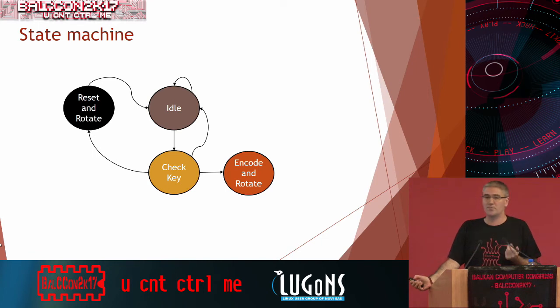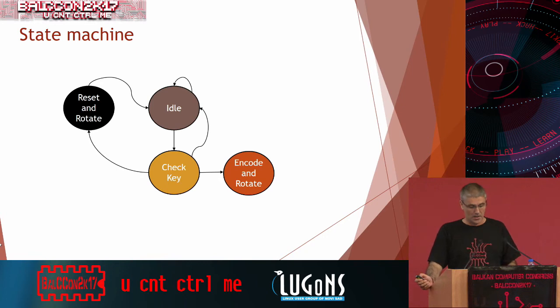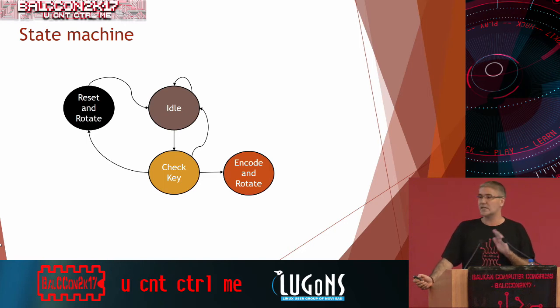And otherwise, if it's something unknown, please note that Enigma machine just have from A to Z, nothing else. It's a simple 26 key keyboard, no numbers, no special characters, no anything. And at the end, we have this encode and rotate, and we are going back.